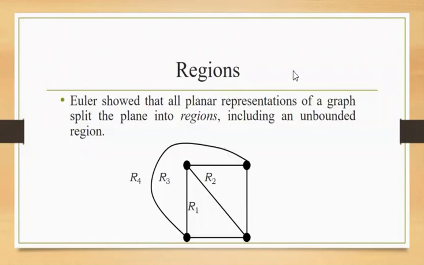He found a relationship among the number of vertices, the number of edges and the number of regions in a planar graph. So he created a formula to show that all the regions in a planar representation of a graph can be found out.